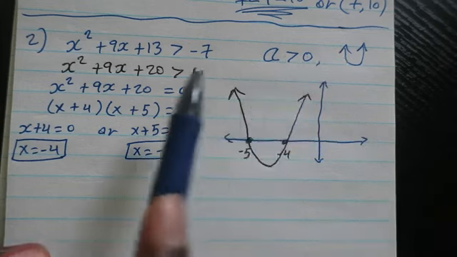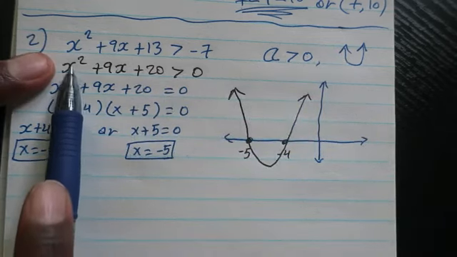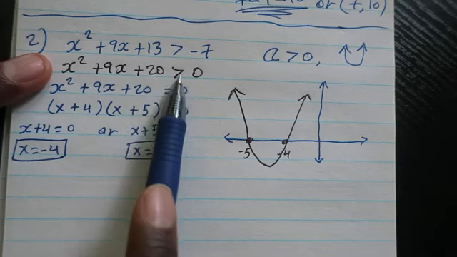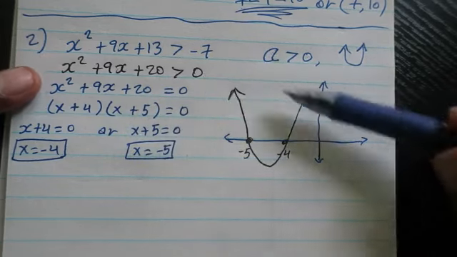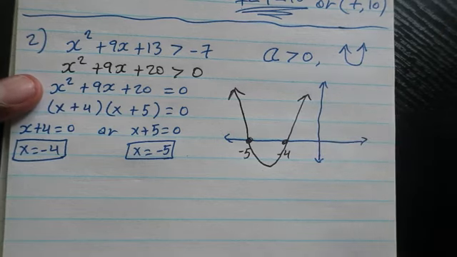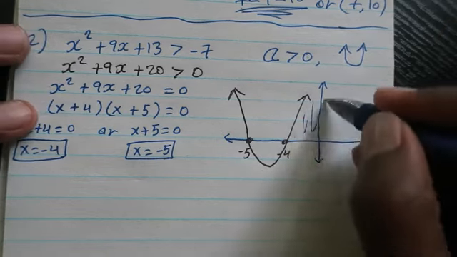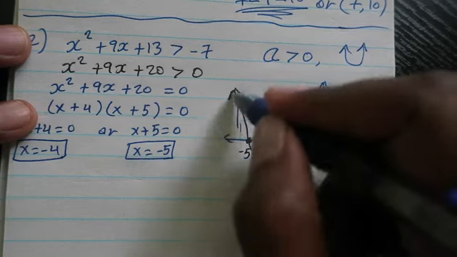Now the answer to our question is, I want to know when this is bigger than 0. Well, bigger than 0 means positive. You have positive y values over here, whenever the graph is above the x-axis.